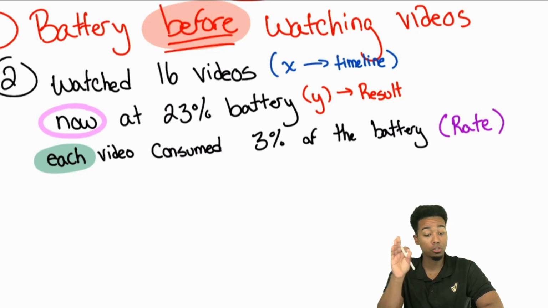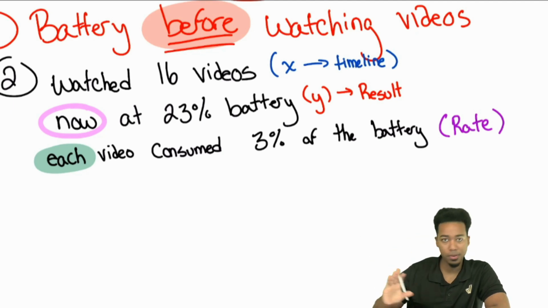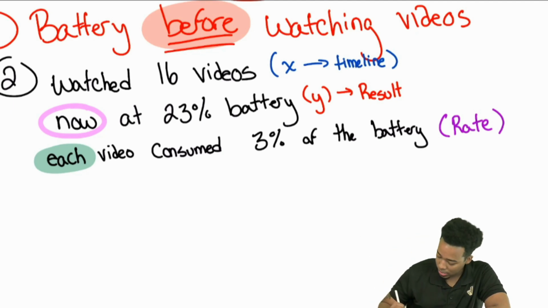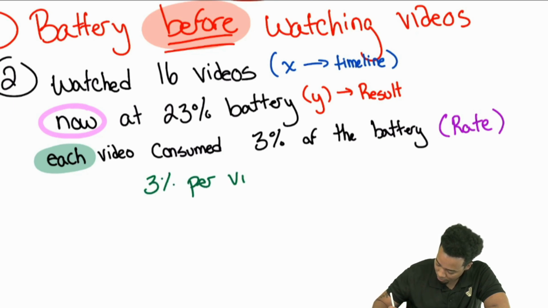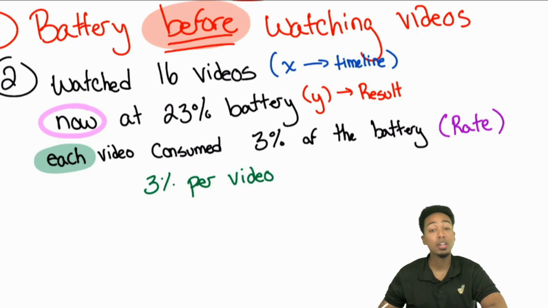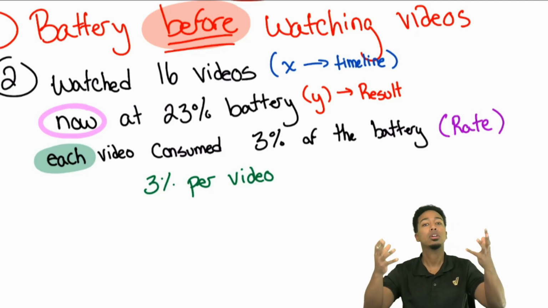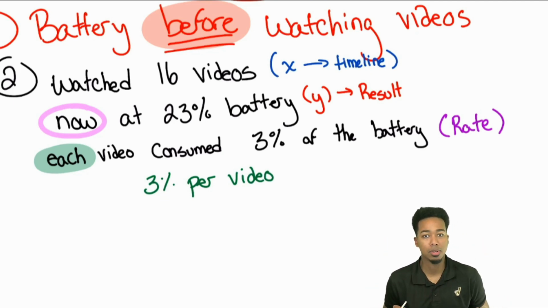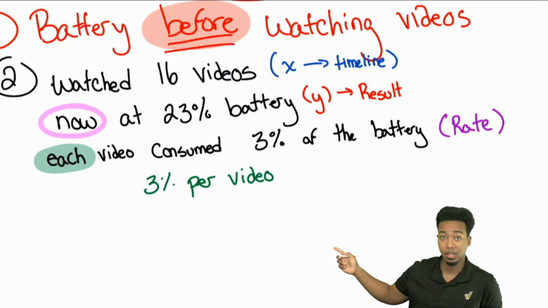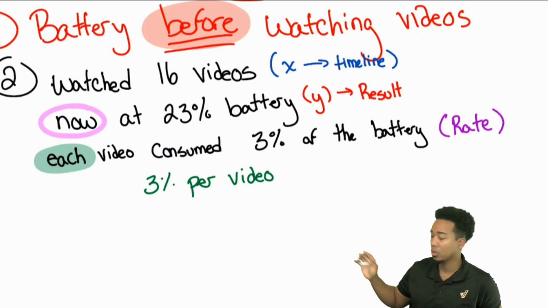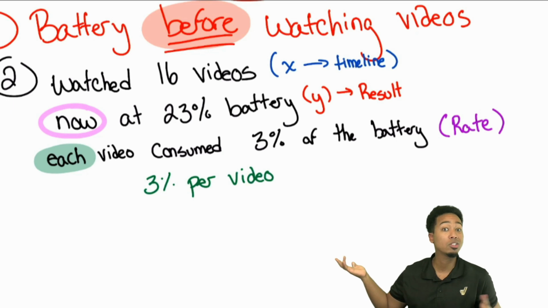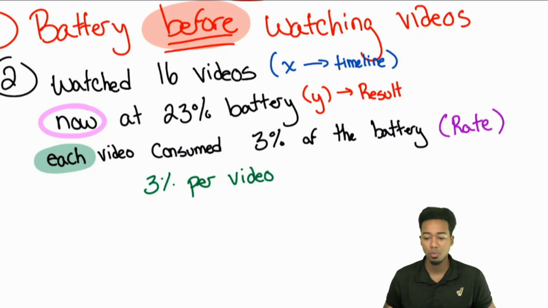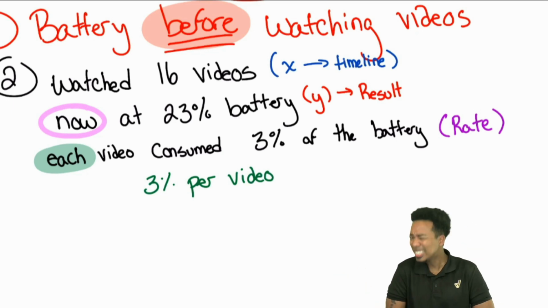You can say each video consumed 3% of the battery, but another perfectly okay way of saying this is 3% per video. So basically, every video you watch, you are taking 3% of your phone's battery life. Same thing. You're saying the same exact thing. The word each and the word per are interchangeable. It just depends on the way that you say it. Yes or no, does that make a little bit of sense for you before we plug in and solve?